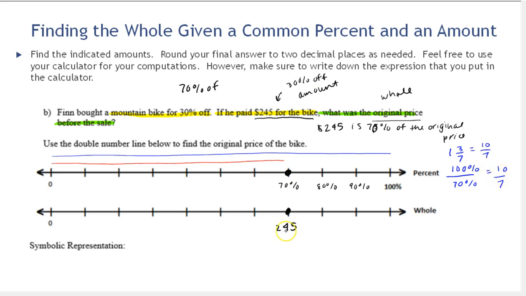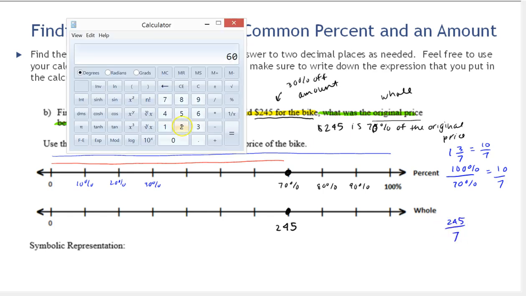So now, since this is broken into 10 equal pieces, this is 10%. We know that if we divide 245 by 7, then we can find what all of these values are. 10%, 20%, 30%, etc. So 245 divided by 7, let's see what that is.